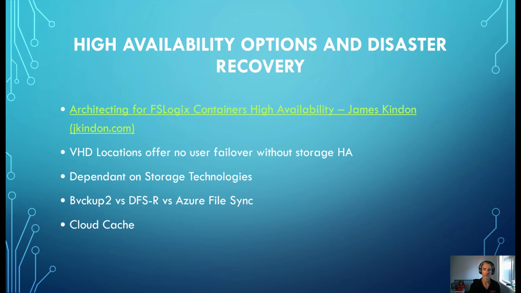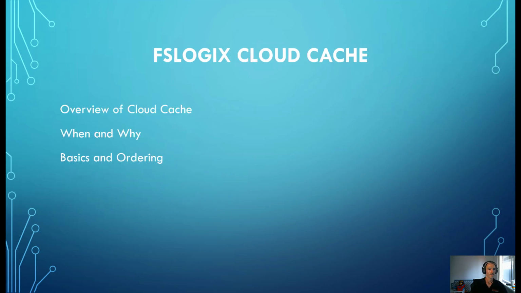Cloud Cache, we'll touch on it a little bit more. It's becoming more and more prevalent now that it's fixed and works really well in Azure. Some basics around Cloud Cache, what it is. Its job is to provide resiliency against the loss of an SMB file share. It's primarily badged as: I've got a session up, I've lost my file server, I can keep going.